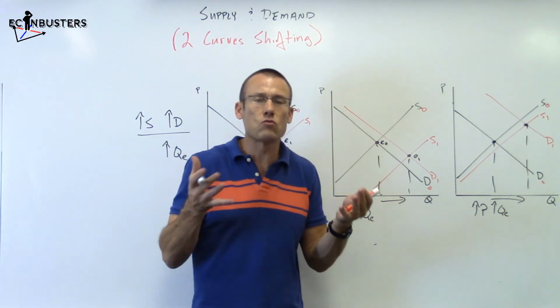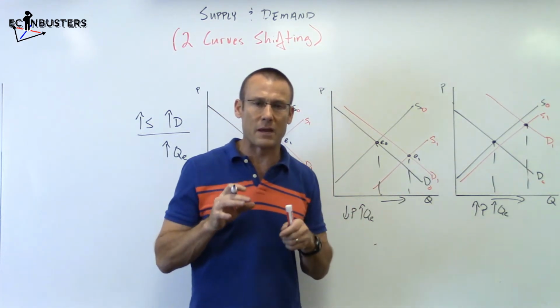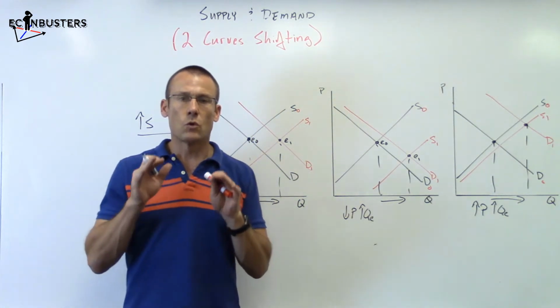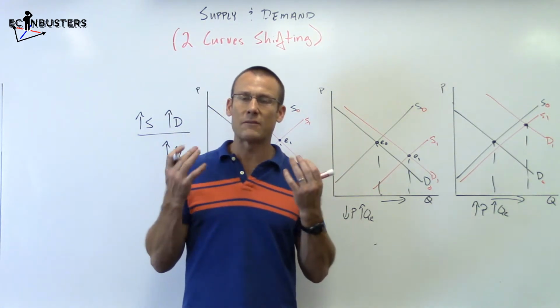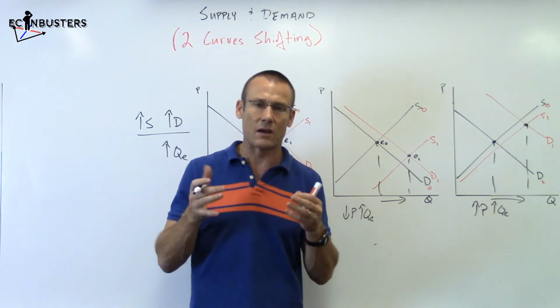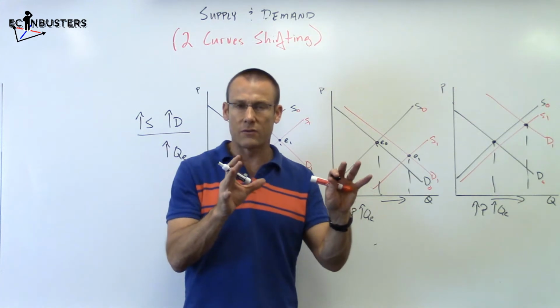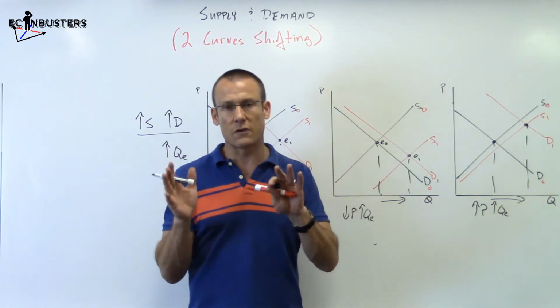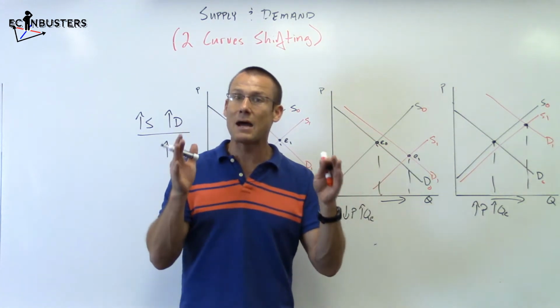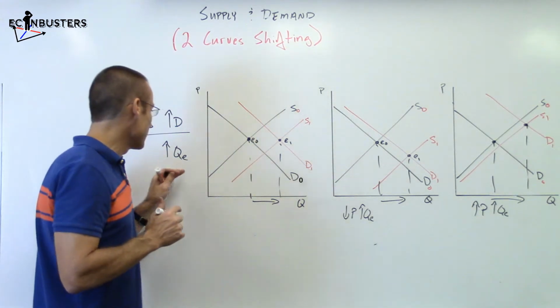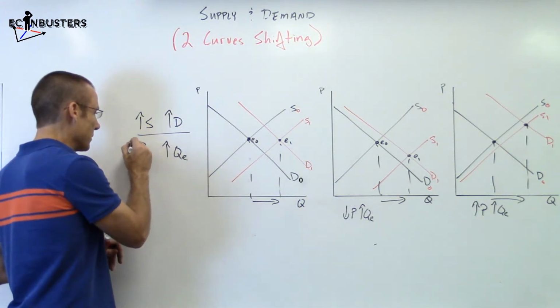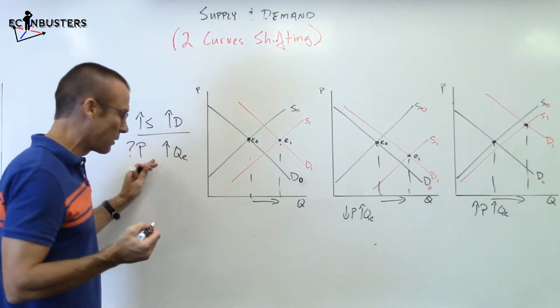We don't know based on this qualitative information. We only know the curve shifted. We don't know how much. Nobody gave us actual quantitative data. From a qualitative standpoint, which so many problems do, they just give you enough to know which way they're shifting, but not by how much. We're going to say price is indeterminate. That's just the way that I do it. I just put a question mark in front of P.